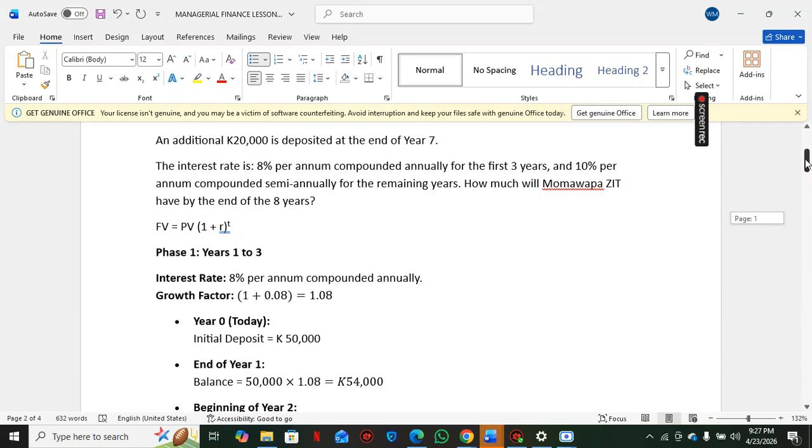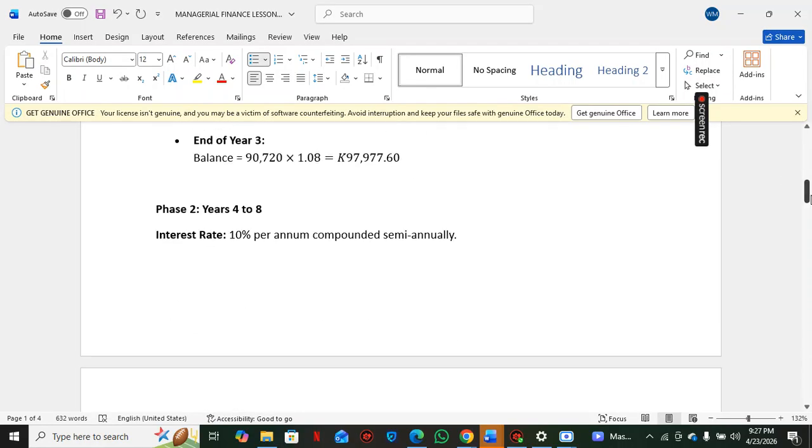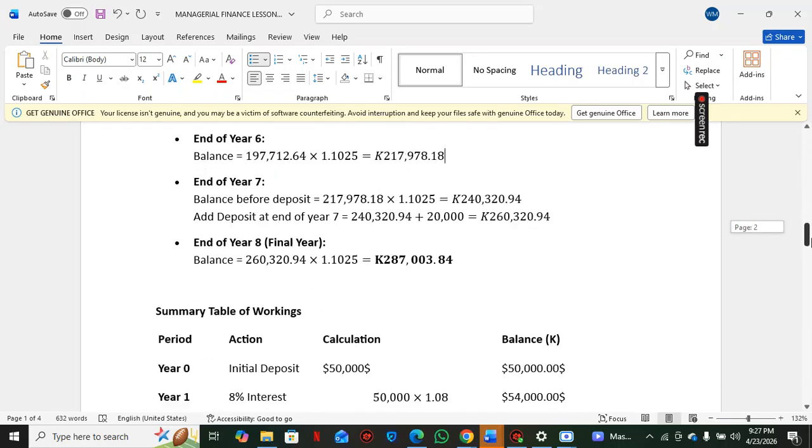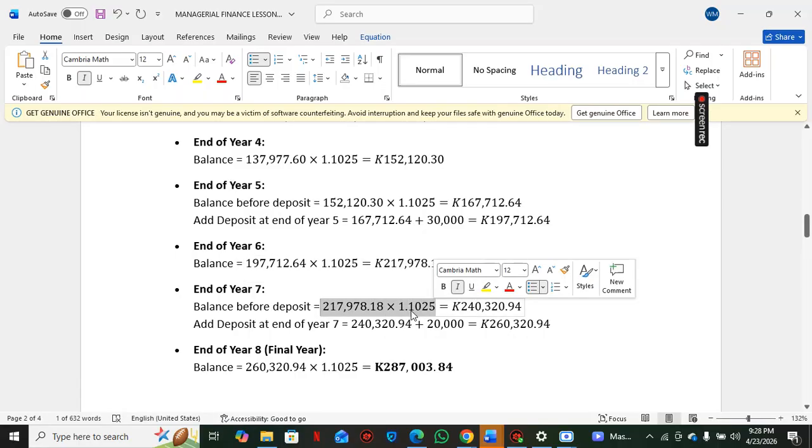Then they've told us an additional amount, 20,000, is deposited at the end of year 7. So in year 7, before the additional amount is added in, we multiply this opening balance by the growth factor 1.1025.